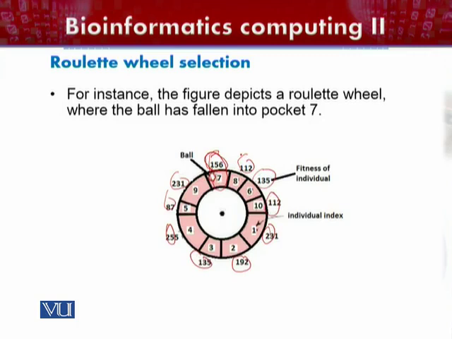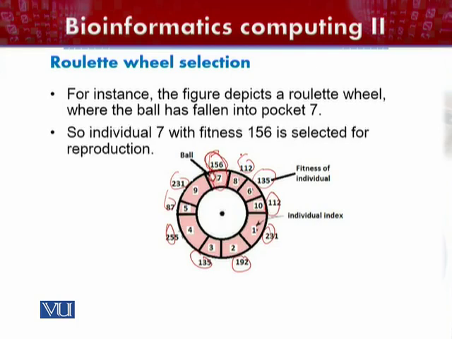Every individual has its specific fitness, and the ball is being spun accordingly, and when it stops in a specific pocket, that specific individual will be selected. In this case, we are selecting individual number 7 having fitness 156 because the ball is getting here. So individual 7 with fitness 156 is selected for reproduction and to produce offspring in the next generation.